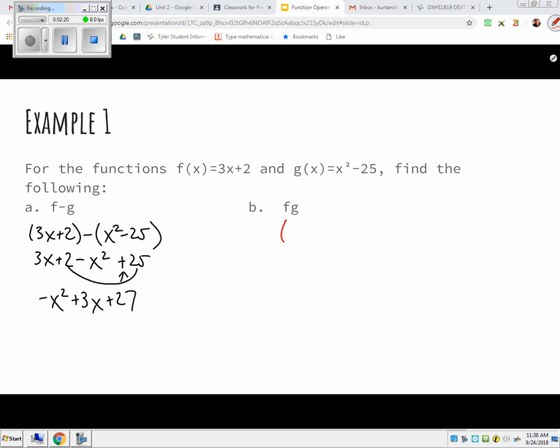So now f times g, instead of putting a minus sign in between it, I'm just going to butt them up next to each other to show that I'm multiplying. Anytime I'm multiplying two, in this case, binomials, a lot of you think of FOILing, or I just think of multiply every term in this binomial by each term in the other binomial. Or some people say distribute twice.